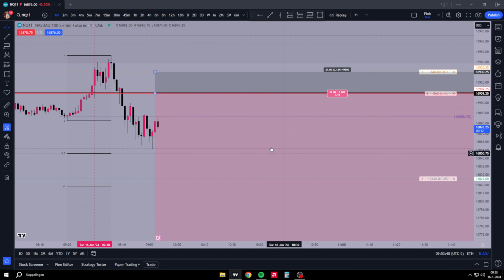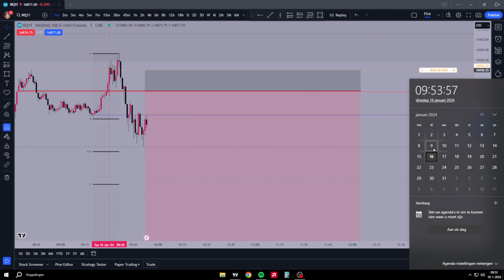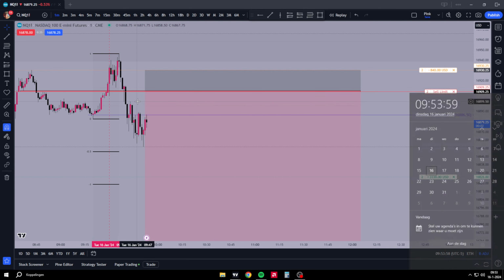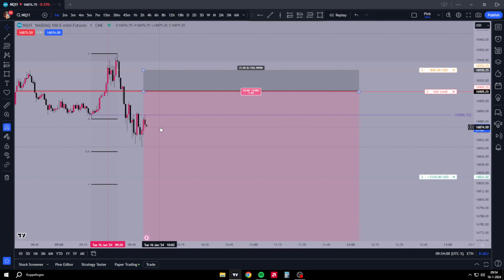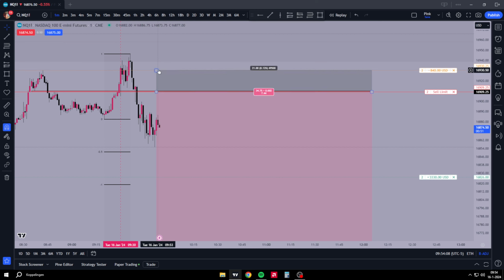Yeah, we'll see what we do. But this trade could also still be valid if at 10 a.m. we are still here, and at 10 a.m. we see a Judas swing, and then we go lower. That would still make it valid. We'll see what we do.